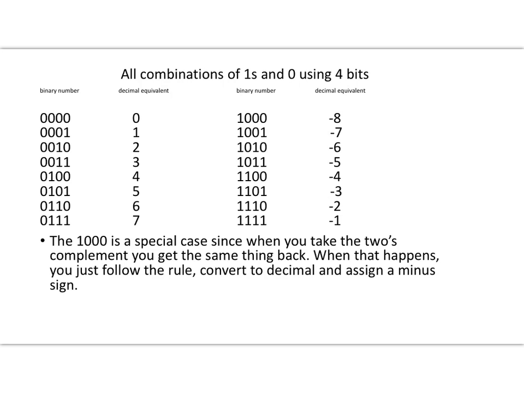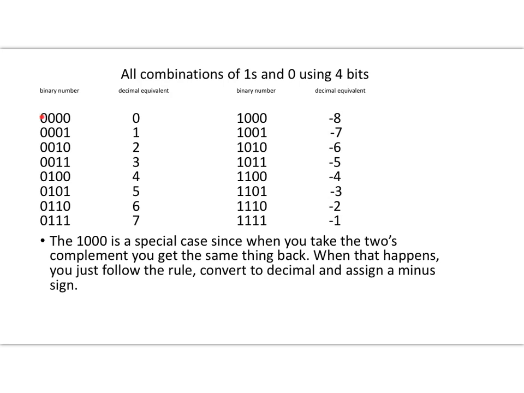One last example here. I have taken 4 bits and enumerated all the different combinations of ones and zeros that you can have in 4 bits. I did this simply by counting in binary from 0 all the way up to 15 with 4 bits.